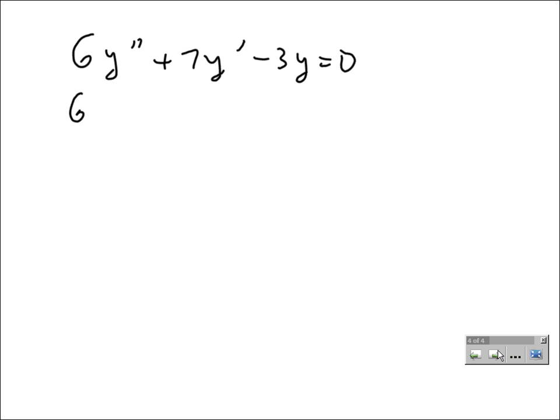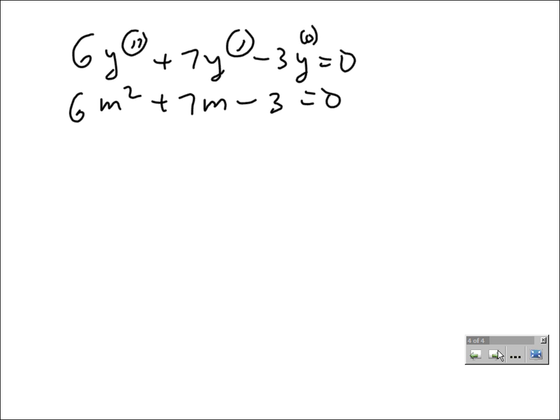Suppose you were given 6y double prime plus 7y prime minus 3y is equal to 0. First thing you should do is write down the auxiliary equation, which will be 6, that's double prime, so it's m squared, plus 7, that's 1 prime, so it'll be m to the 1, minus, that's 0 prime, so it's just minus 3, equals 0.